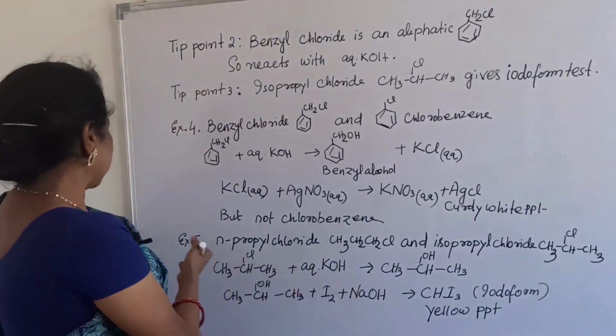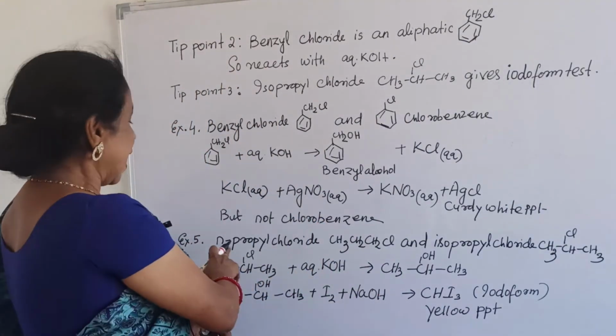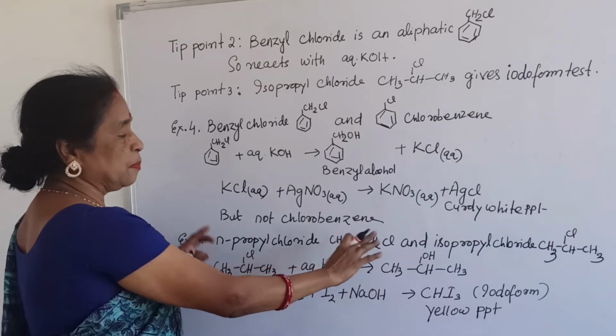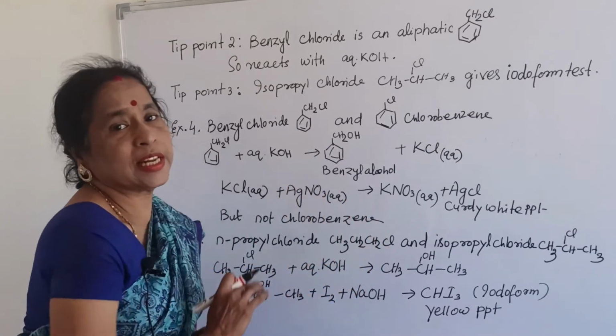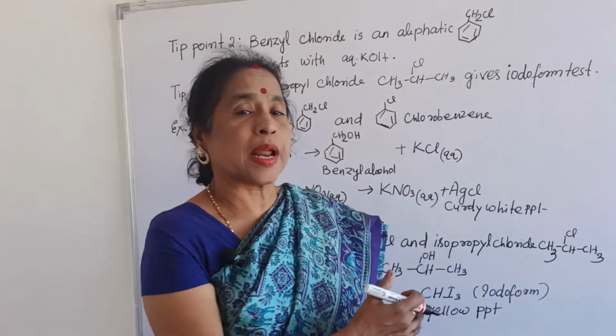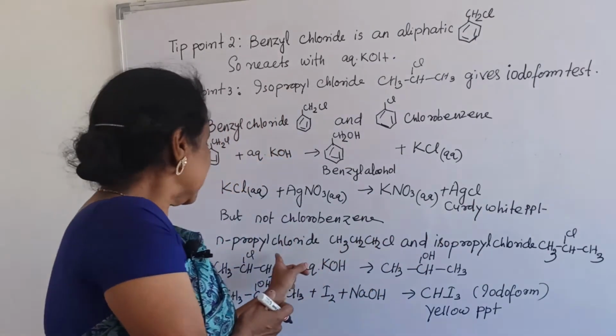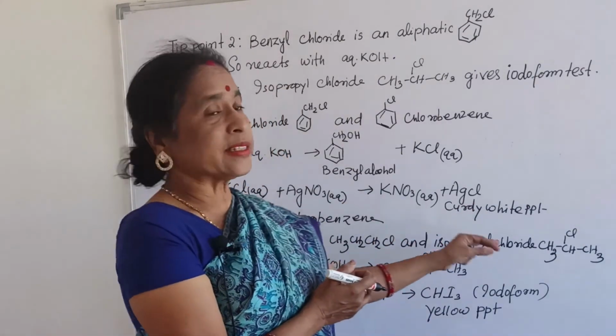Now let us see example 5. N-propyl chloride is simply CH3CH2CH2Cl, and isopropyl chloride is a secondary one. So here it is a primary group, and here it is a secondary group.